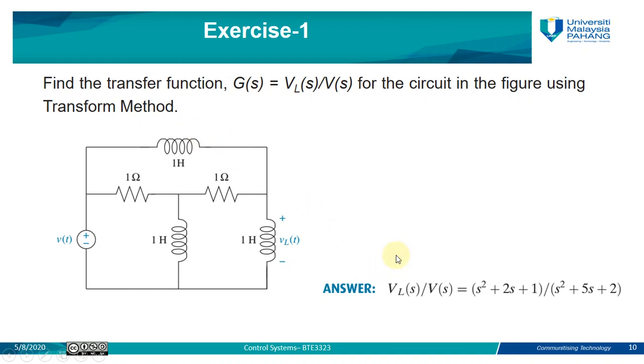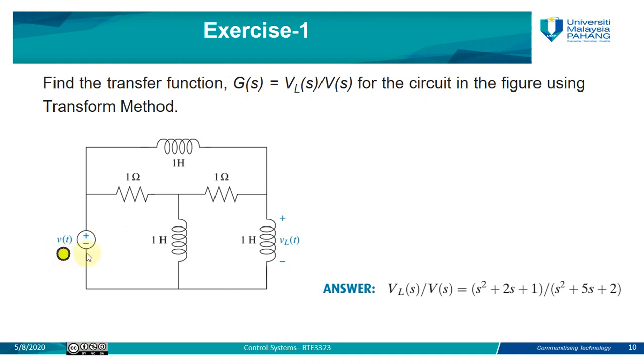The steps to find this are the same as in the previous example. First, we need to redraw the circuit in the S domain. Each element here will be replaced by its impedance value, and each time variable will be replaced by its Laplace transform.